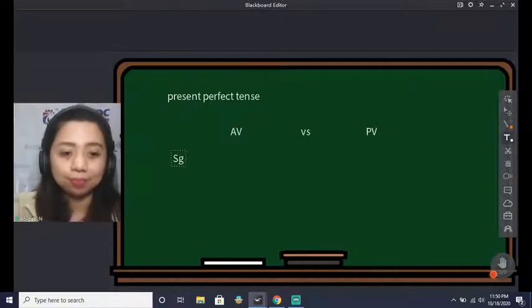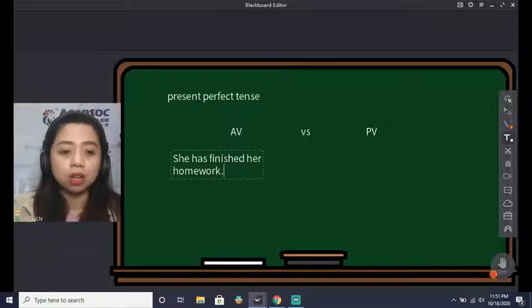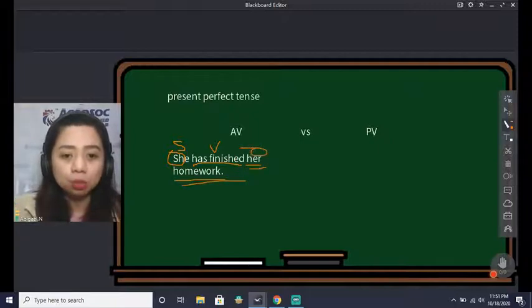She has worked. No. She has finished her homework. How about this one? She has finished her homework. So this is in active voice. She, the doer. Has finished, this is the verb in present perfect tense. And her homework, this is the object, the receiver.